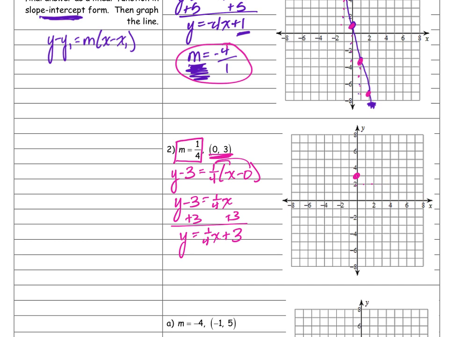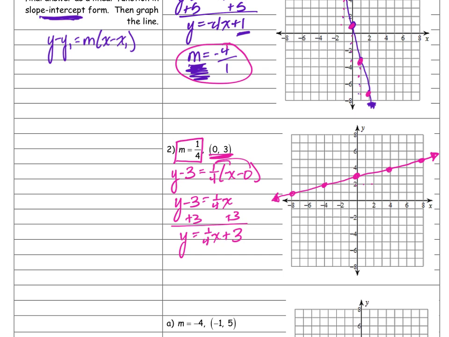Okay, let's try that again. And go up 1 since it's positive. Up 1 over 4. Up 1 over 4. Okay. And draw my straight line in. Okay.